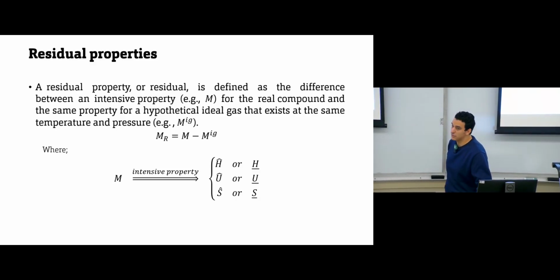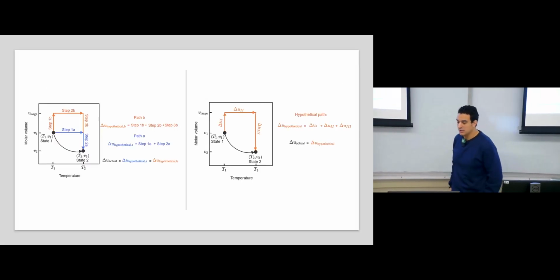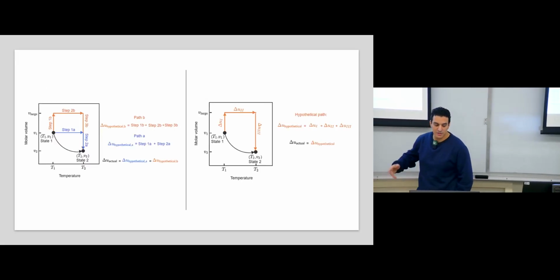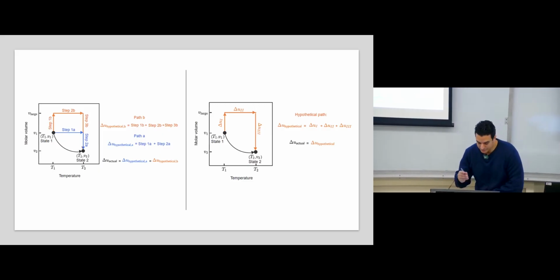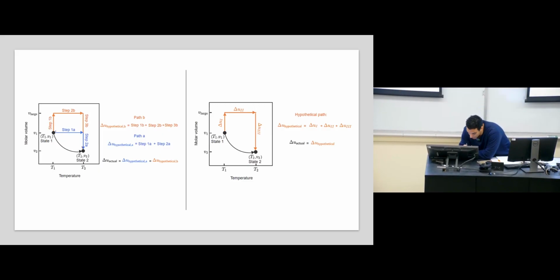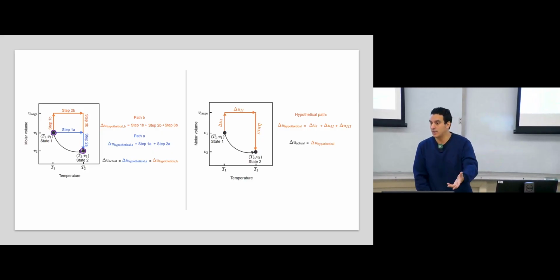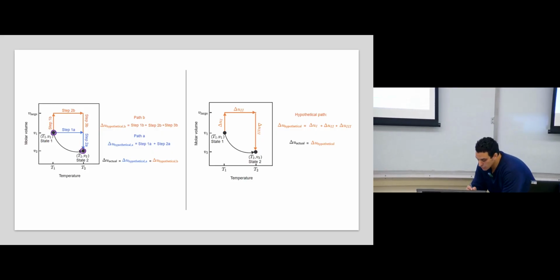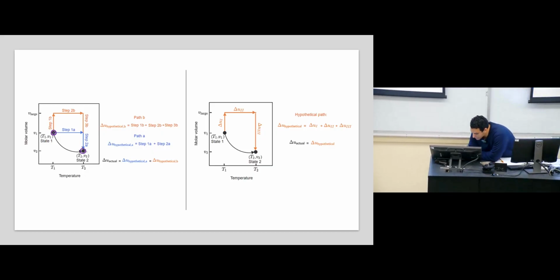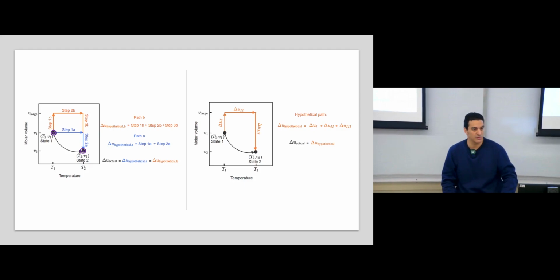And if you use the residual property, then there is another concept we need to remind you of, which I think is explained in chapter 3. If you have a process with changes happening from this state to this state, and I ask you to calculate the enthalpy change or entropy change or internal energy change, you can find the enthalpy at this point and the enthalpy at this point, subtract them, and get the enthalpy change.